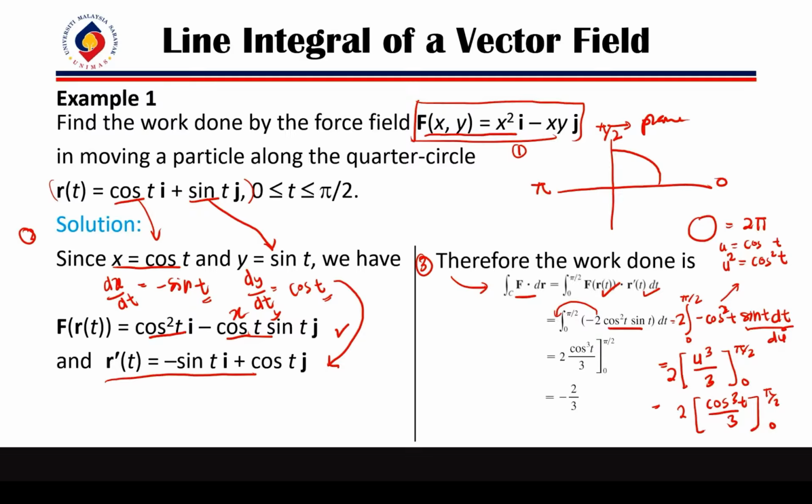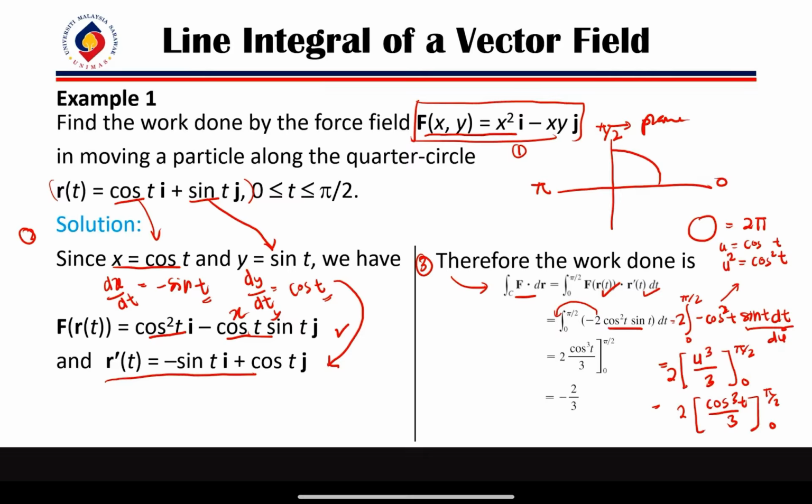So cos cubed. When you substitute t equal to pi over 2, what do we get? cos pi over 2 is equal to 0.